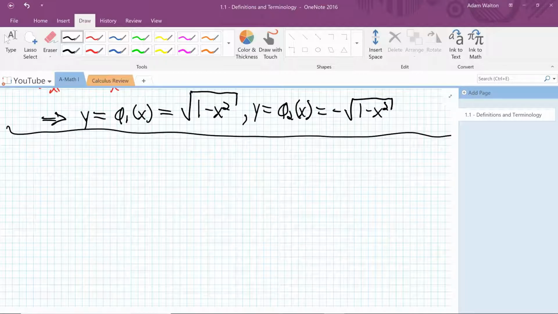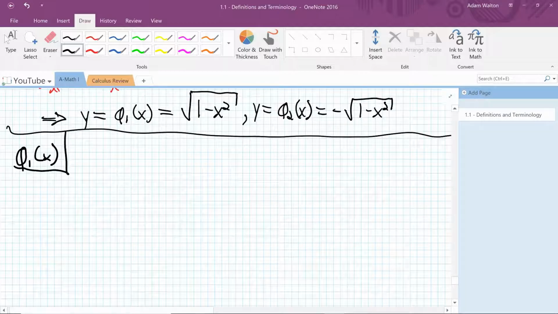So in terms of satisfying the relation, we'll work with phi 1 of x first. So let's take our left-hand side and use a substitution approach.